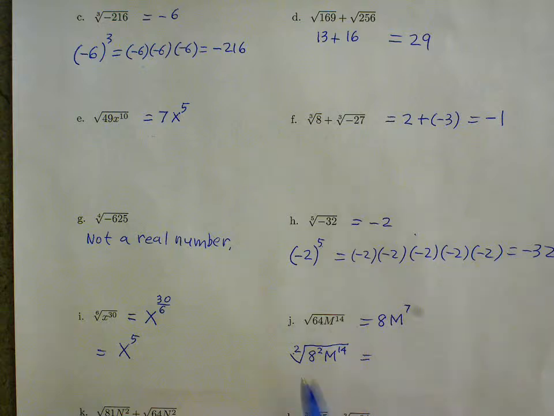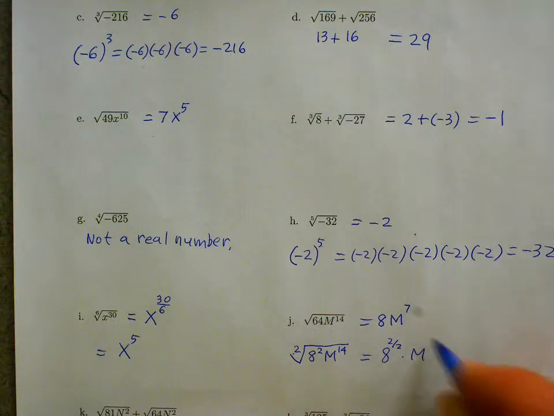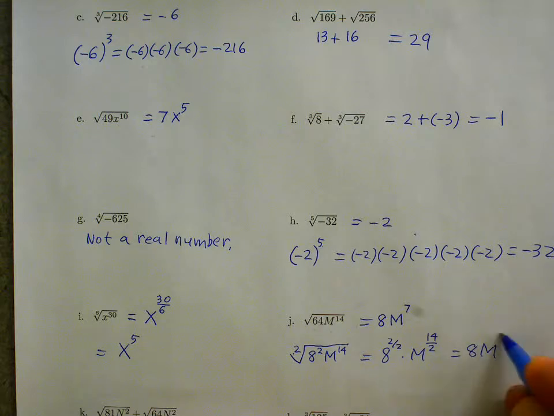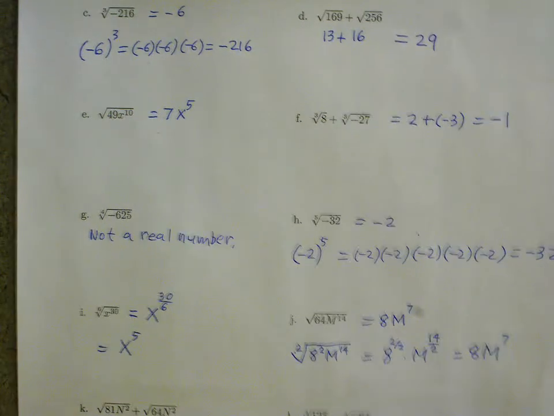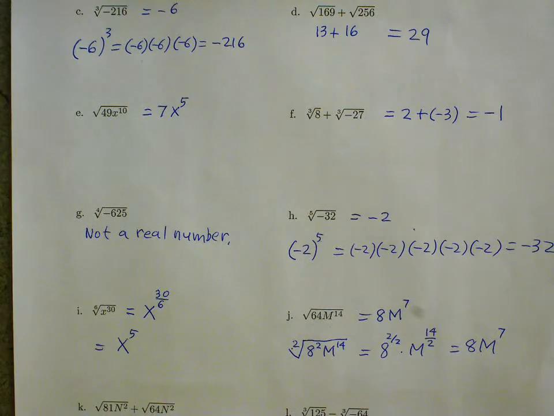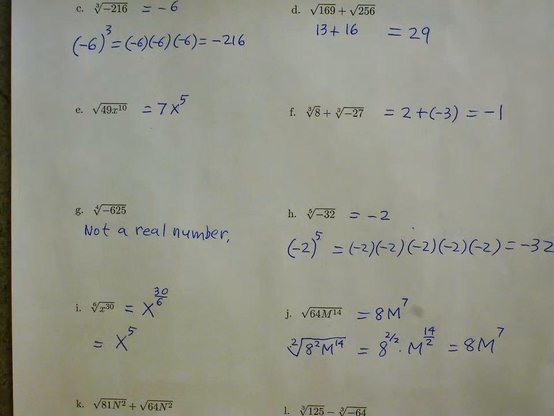And then when you remove the radical, we have 8 to the 2 divided by 2 times m to the 14 divided by 2, or 8m to the 7th. That is probably more detail than you need, but that idea works in general.